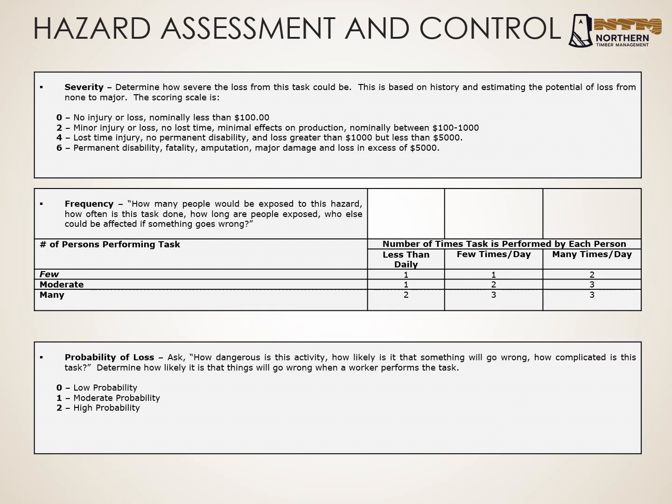Hazard assessment and control. Severity. Determine how severe the loss from this task could be. This is based on history and estimating the potential of loss from none to major.